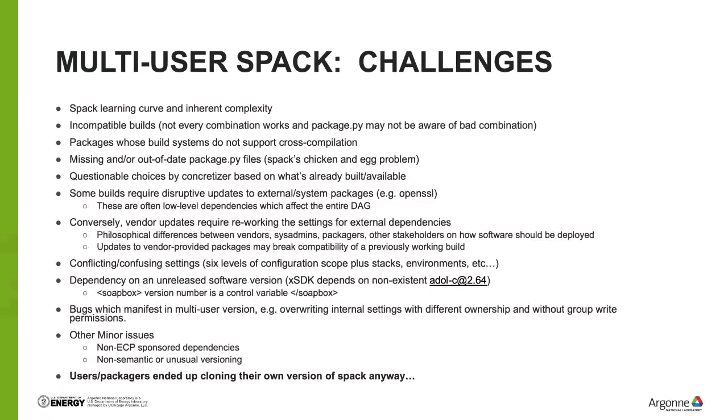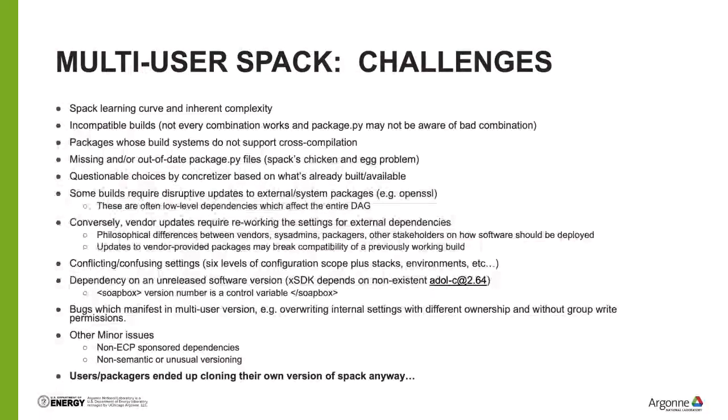Some builds can require disruptive updates to some of the system packages, and it might need a different version of OpenSSL, but we don't want to change out the OpenSSL version because of security. So some packages just have picky dependencies that are not easy to satisfy, especially if it's an external package.